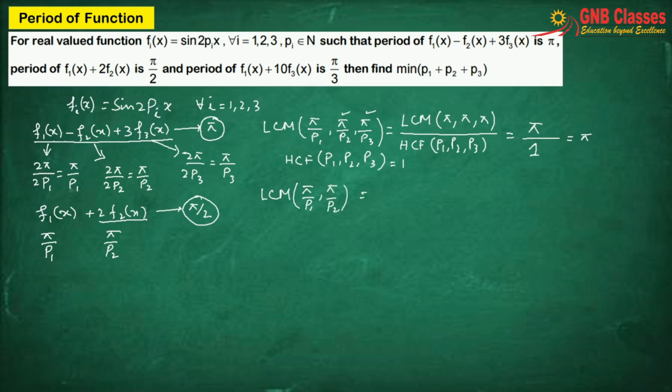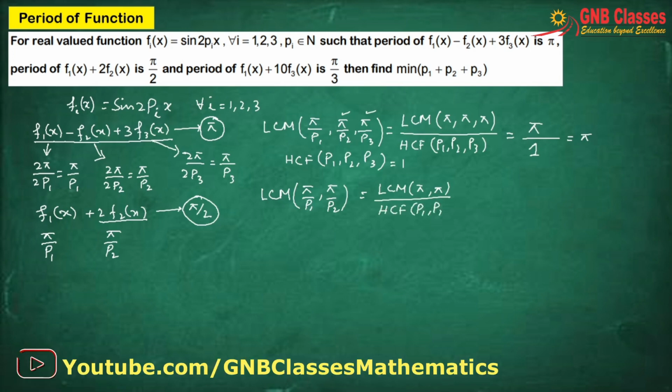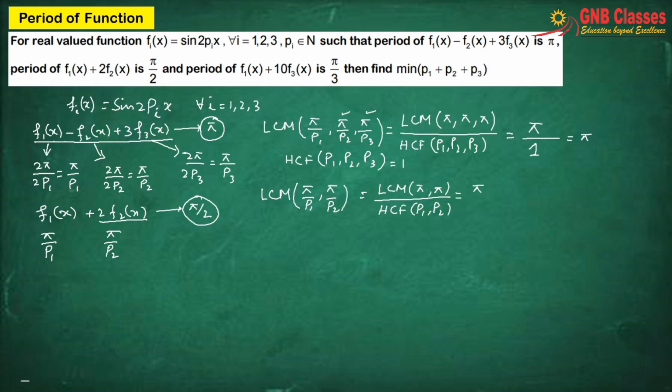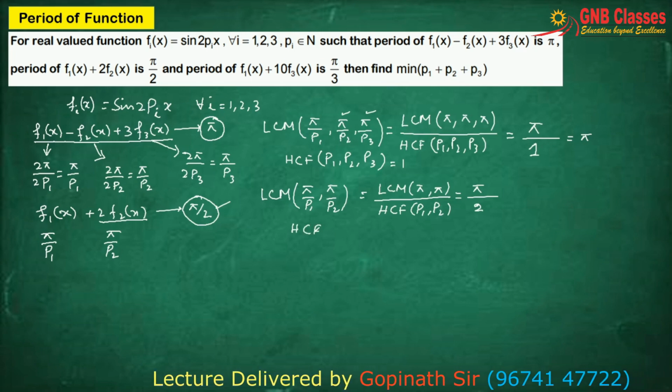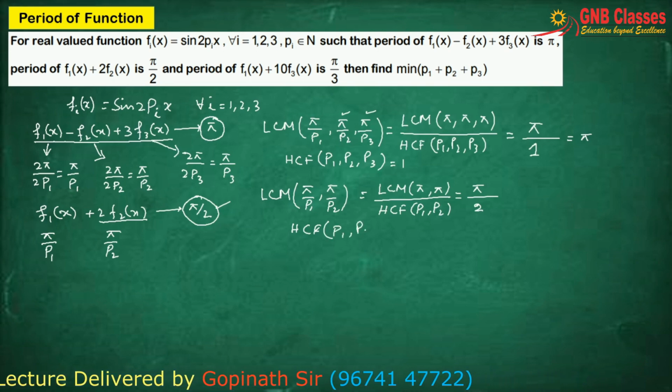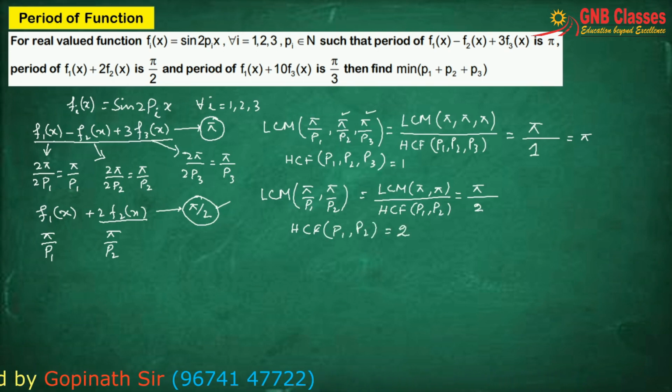So LCM of π/p1 and π/p2 will be LCM of π, π divided by HCF of p1, p2. Is it clear? Now LCM of π, π will be nothing but π, divided by HCF of p1, p2. Since the period is π/2, hence HCF of p1, p2 has to be equal to 2. Yes or no? Therefore, the conclusion we can draw is HCF of p1 and p2 is nothing but 2.